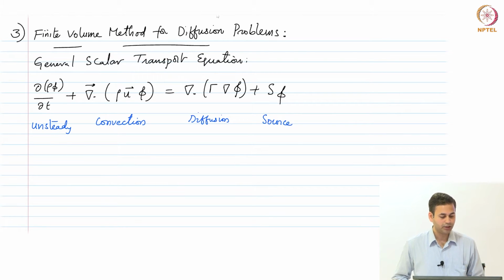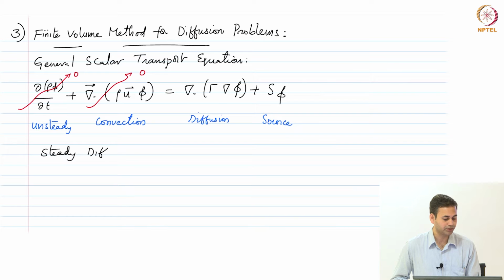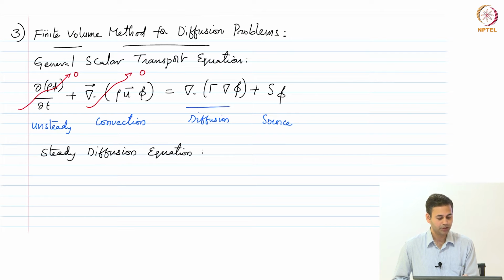So essentially, in order to come up with a diffusion equation, we just have to set the unsteady term and the convection term to 0. Okay, so we set the unsteady term as well as the convection term to 0 to arrive at a steady diffusion equation, which now has only 2 terms remaining, the diffusion term and the source term, and the left hand side is now 0.